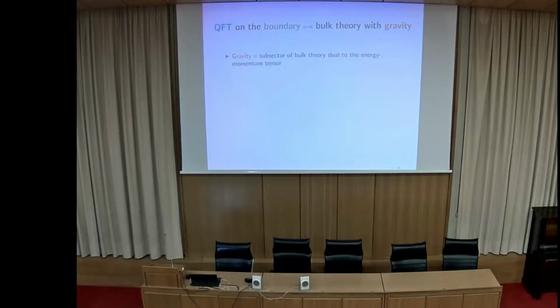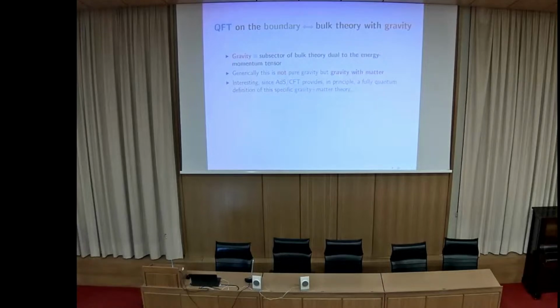We take this as a basic definition and extract all information from the field theory side. But one consequence is that we are generally always dealing not with pure gravity, but always with matter, because matter corresponds to additional fields in addition to the energy momentum tensor. And AdS-CFT really provides us a quantum definition of gravity plus matter content.